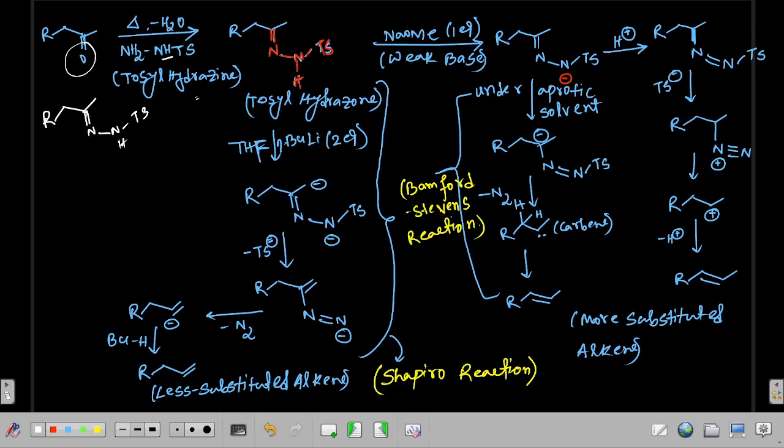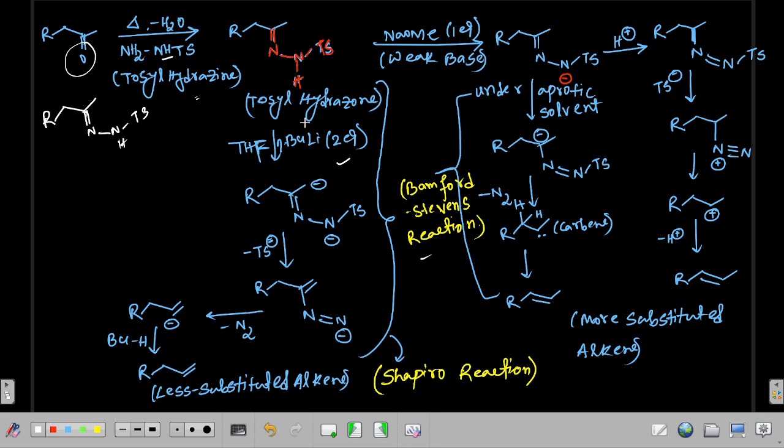Now from this tosyl hydrazone, two reactions we can do. One is Shapiro reaction, another one is Bamford reaction. Now we will see the Shapiro reaction first.